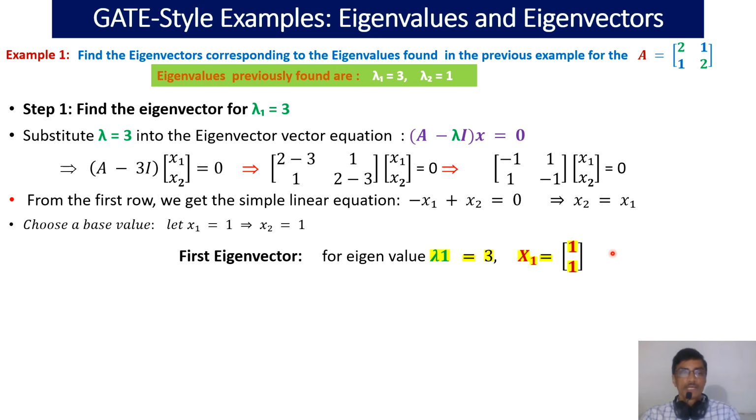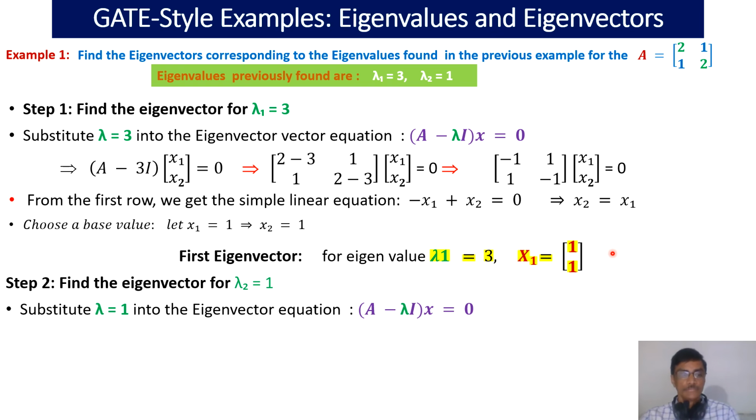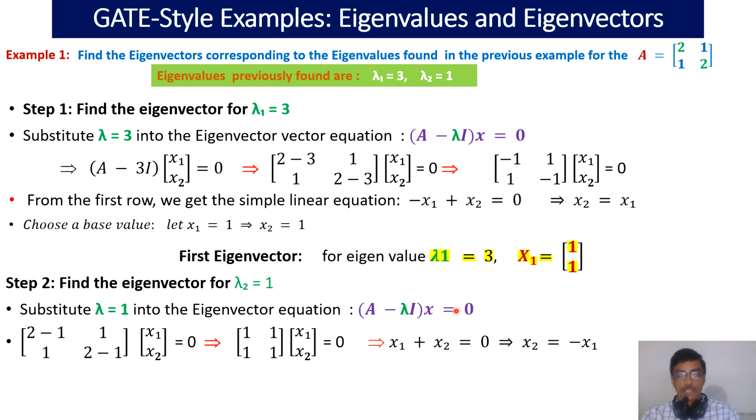Now let us find the eigenvector for the eigenvalue lambda 2 equals 1. First, substitute lambda 2 equals 1 in the eigenvector equation (A minus lambda I) times vector x equals 0. This gives [1 1; 1 1] times [x1 x2] equals 0.